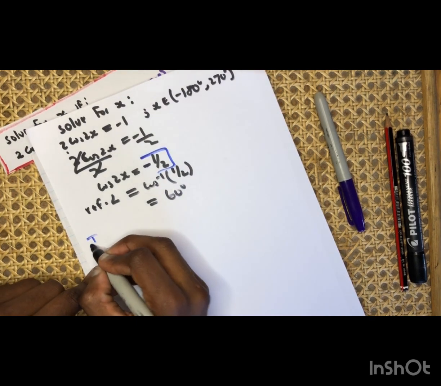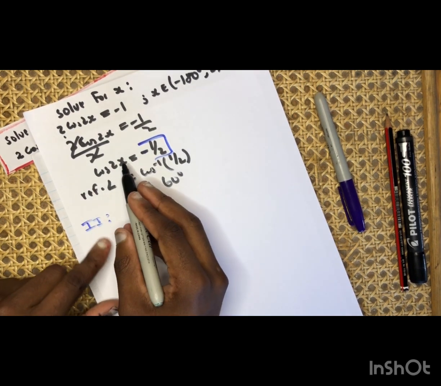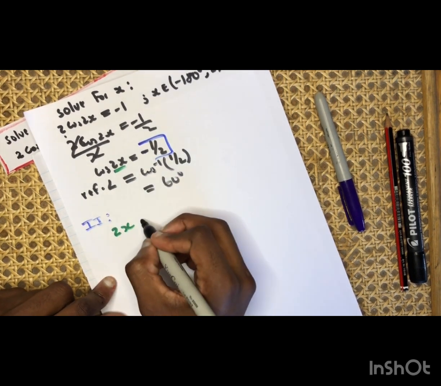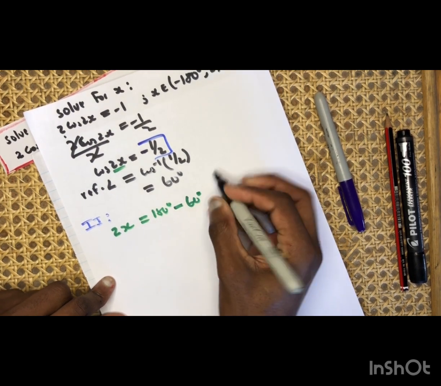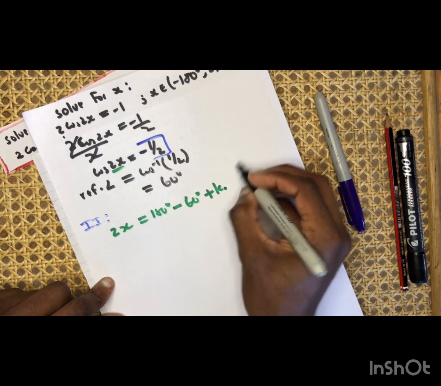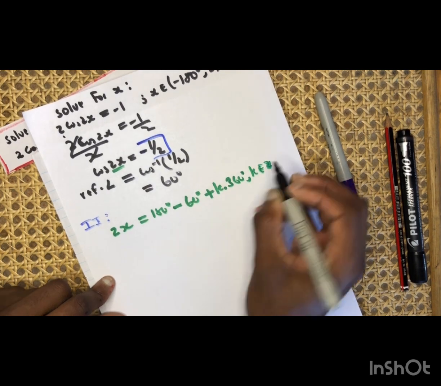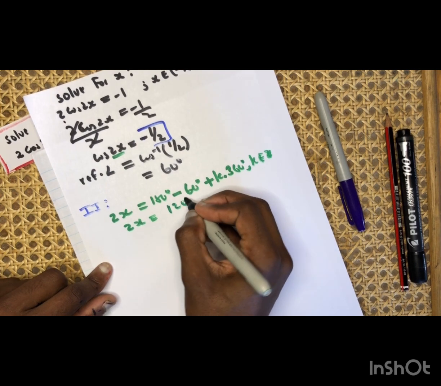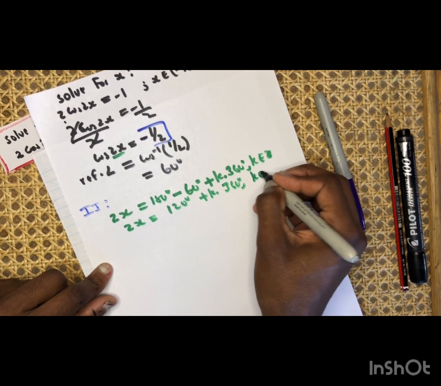So I go to quadrant number 2, where we have 180 minus the reference angle. So 2x equals 180 minus 60, plus k times 360 degrees, where k is an element of integers. So 2x is equal to 120 plus k times 360 degrees, where k is an element of integers.